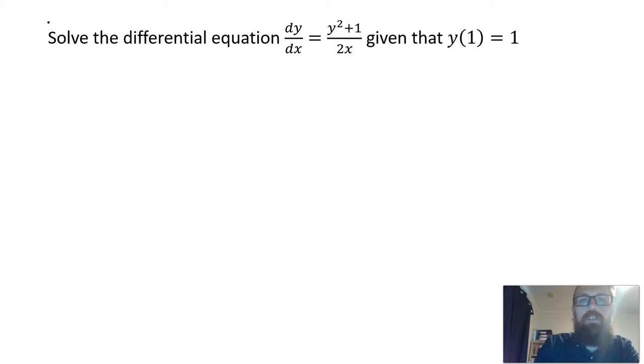So bring the y's to the left-hand side. I get 1 over y squared plus 1 dy equals 1 over 2x dx.